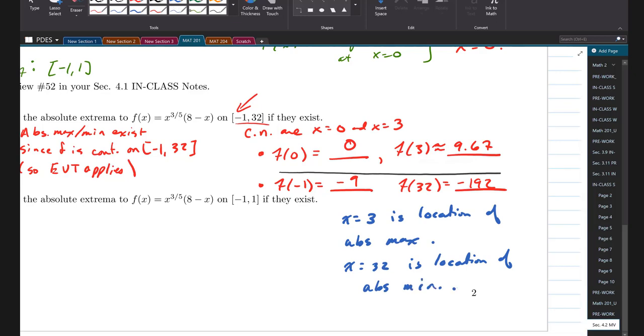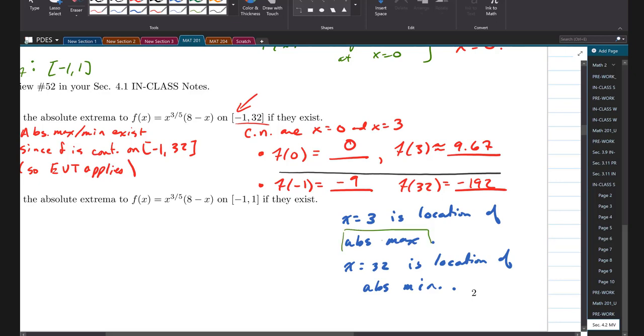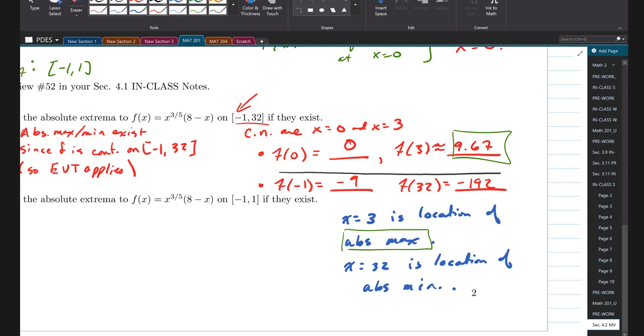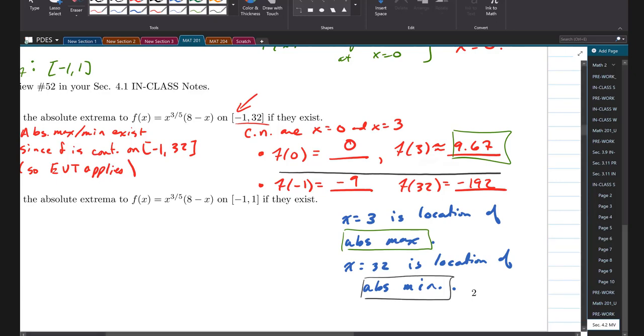Why is 3 the location of the absolute max? Because when I look at all of my y values, which one was the largest? And we say that the absolute min was at 32. Why? Because I look at all the y values that I tested, and that one was the smallest.